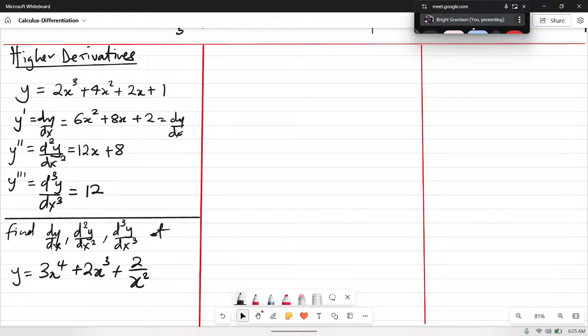So the first one, dy/dx, becomes 12x cubed plus 6x squared minus 2x exponent negative 2.